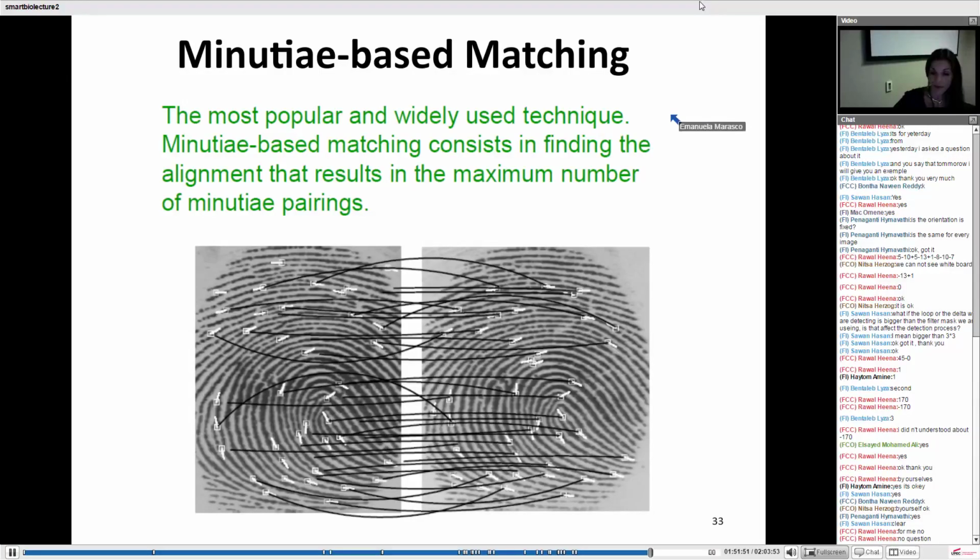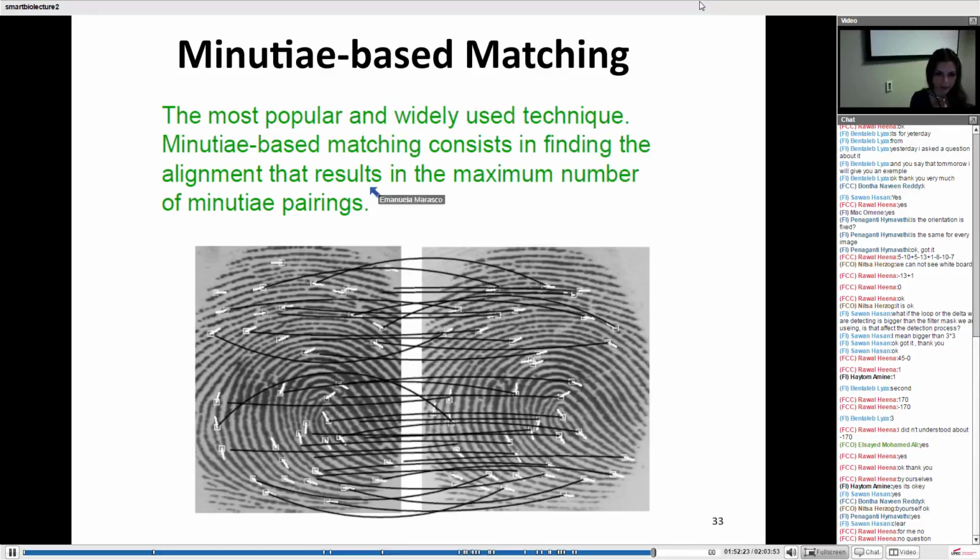When we consider the matching operation, we always have two fingerprint images, so it's a pairwise operation. The matching always involves a comparison between the gallery image, acquired during enrollment, and the query, also referred to as probe, acquired during the authentication stage, which is the verification in this case.